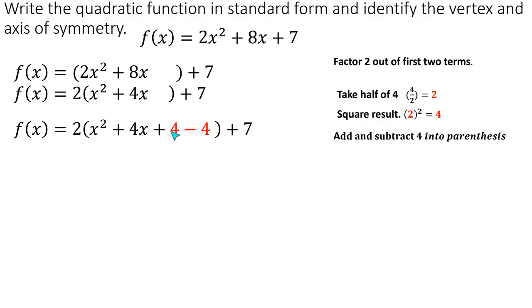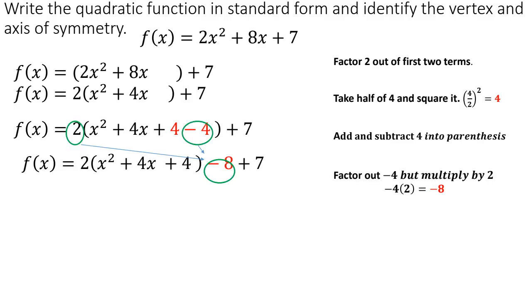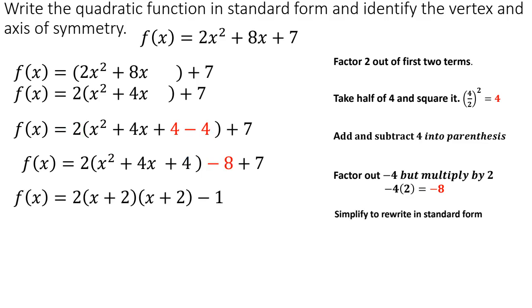Okay, so now that we have our 4 and -4 here, we want to take out this -4. And so when I factor it out, I have to be careful because there's a number in front of the parentheses. So we need to multiply this number 2 times the -4, which is going to be -8. And so if we go from there, now we have -8 plus 7 is -1.